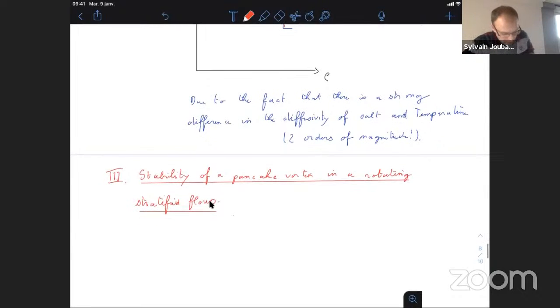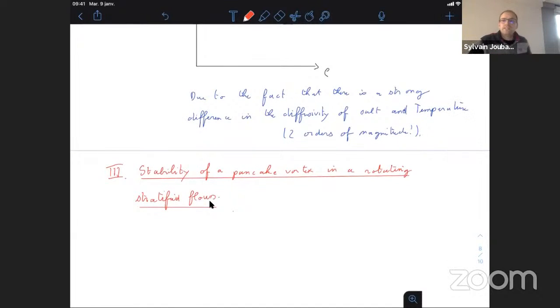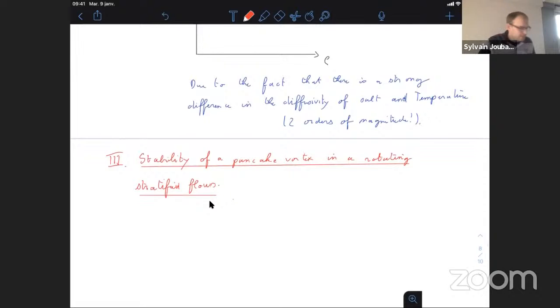So I will do again injection of fluid. In the lock exchange experiment, I have done injection of fluid from the top. Now I will, from the side, remove slowly a barrier between two fluids. Now I will look at the injection of fluid from the top, and I will see what's happening.